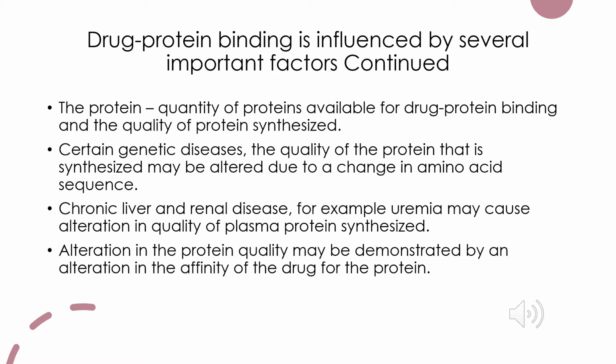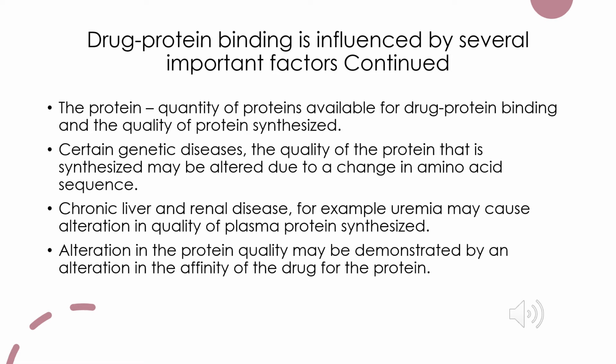The quantity of protein available for drug protein binding, and the quality of protein synthesized. In certain genetic diseases, the quality of the protein that is synthesized in the plasma may be altered due to a change in the amino acid sequence.